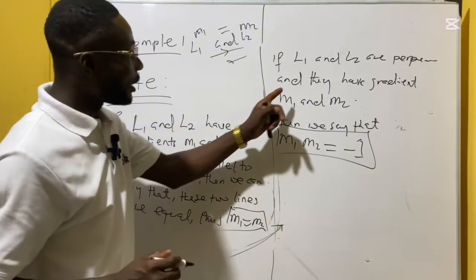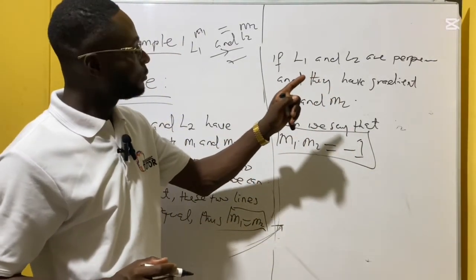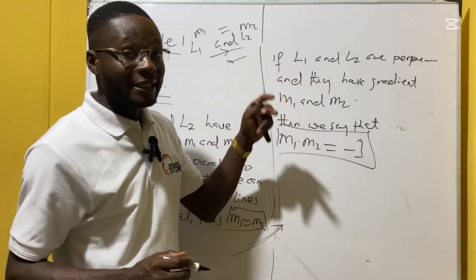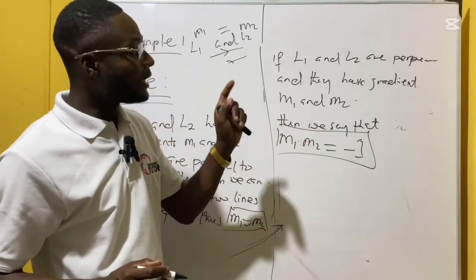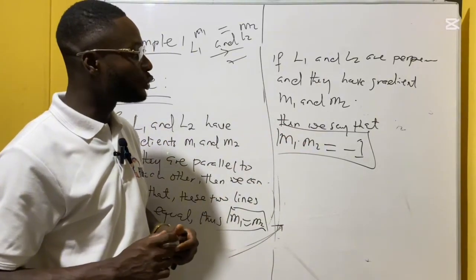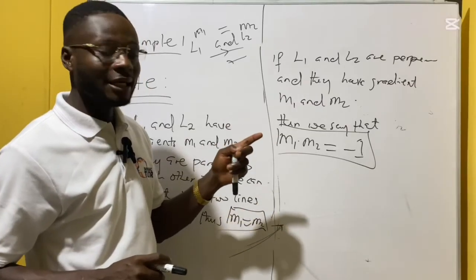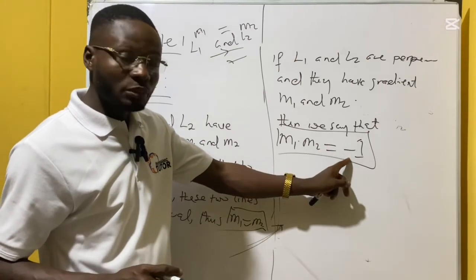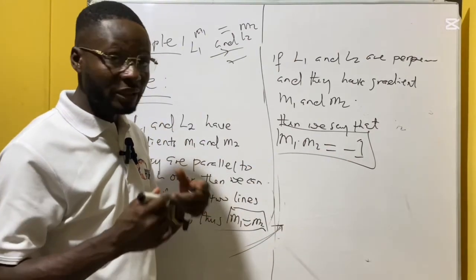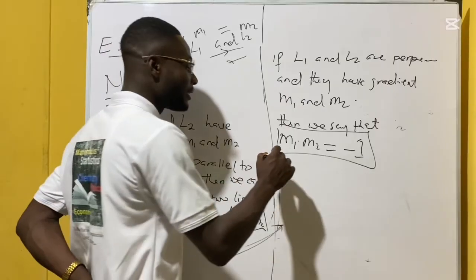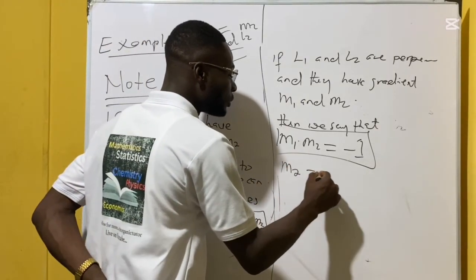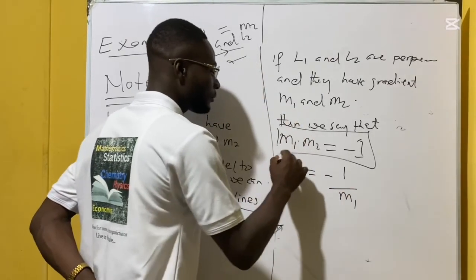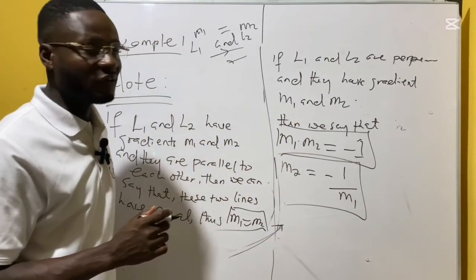So L1 and L2 are basically lines, right? And if they are perpendicular and they have gradients M1 and M2, then we can say that M1 times M2 should be equal to -1. So in other words, we can say that M2 is equal to the negative reciprocal of M1. So note this very well.